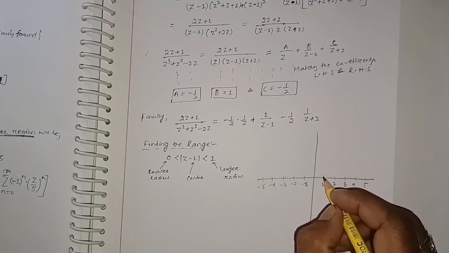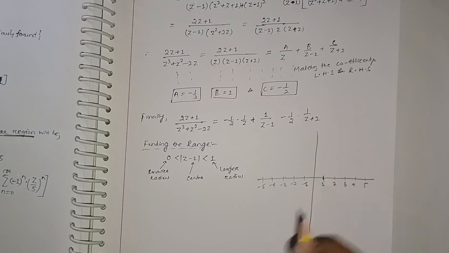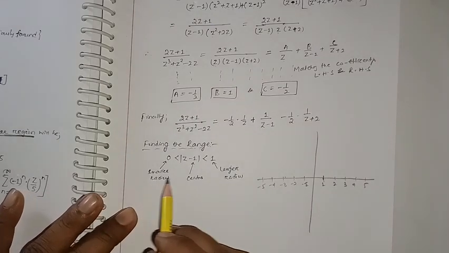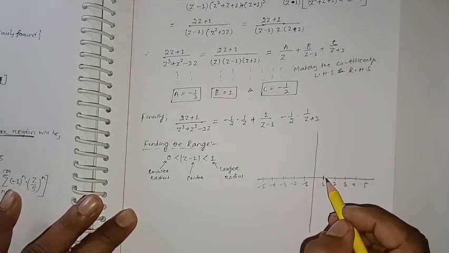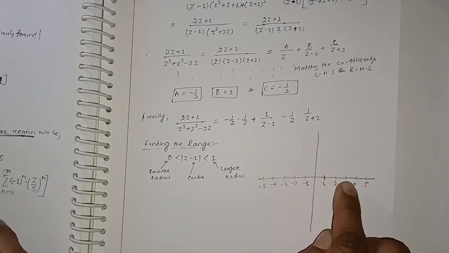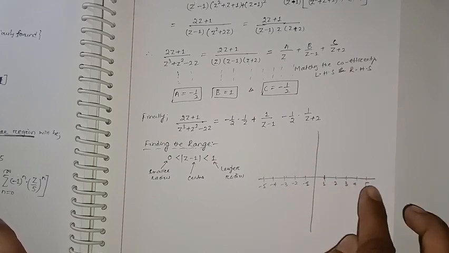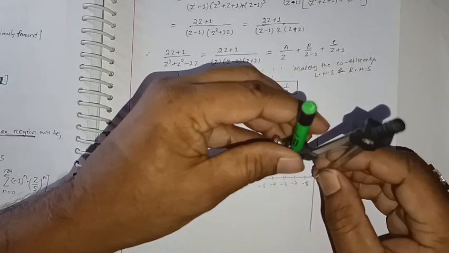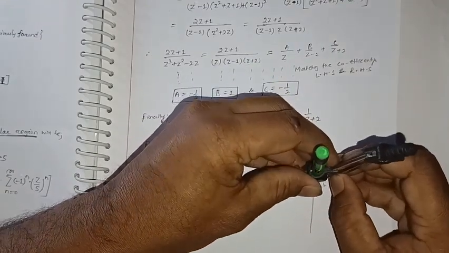Okay, center is at 1. This is the center. Okay, and larger radius is 1. At this center, I told you that you have to do this perfectly, and you have to take the separation of 1, 2, 3, 4, 5 points equally. Then you can get a good figure and correct result.